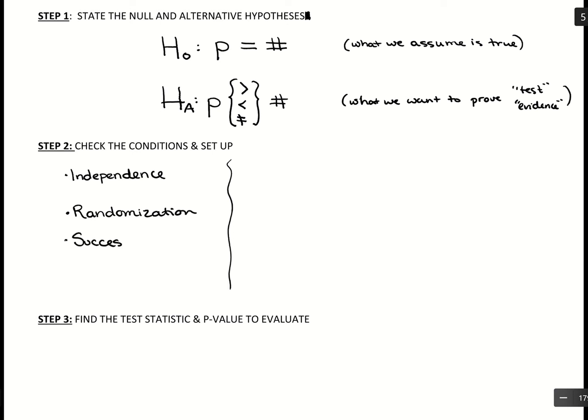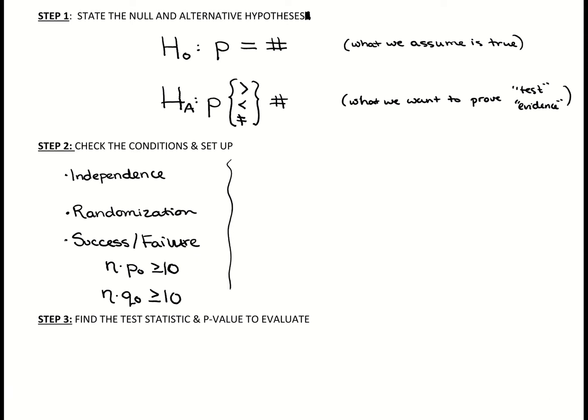And just remember with the success failure part, you're using the proportion from the null hypothesis. So we want to take our sample size times our hypothesized proportion and make sure that's more than or equal to 10. Then take your sample size times 1 minus that proportion, and that should also be more than or equal to 10.